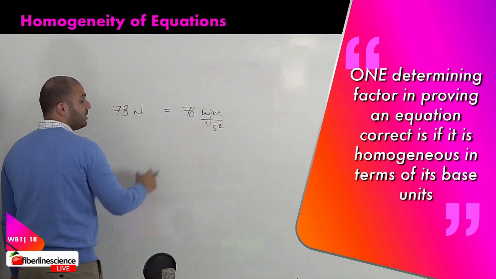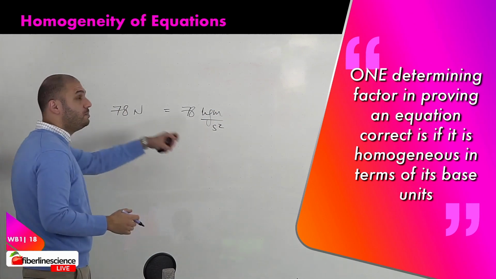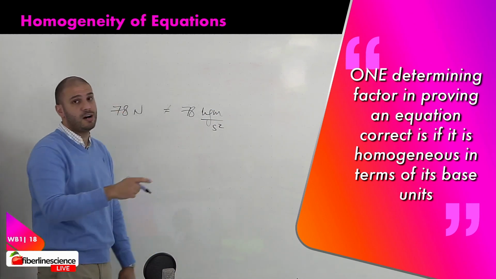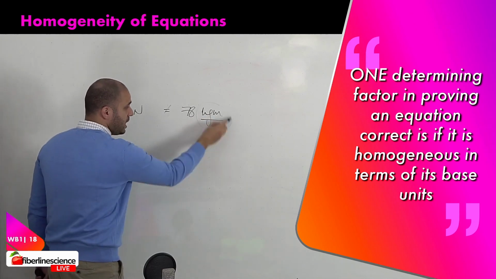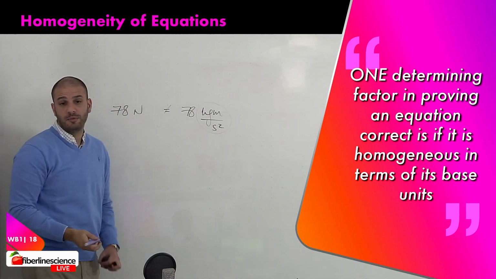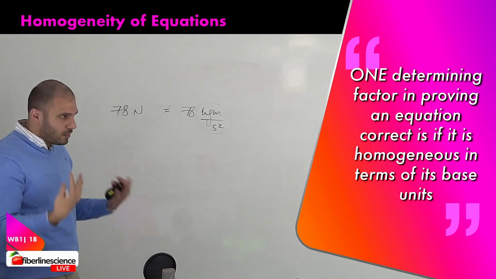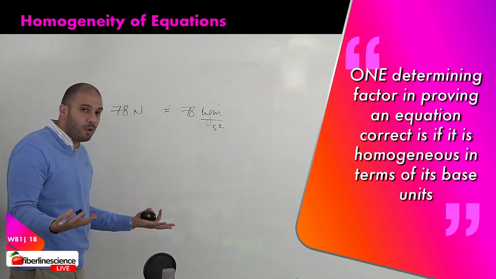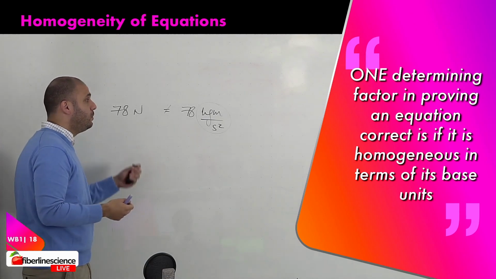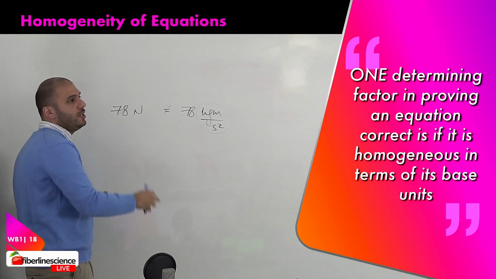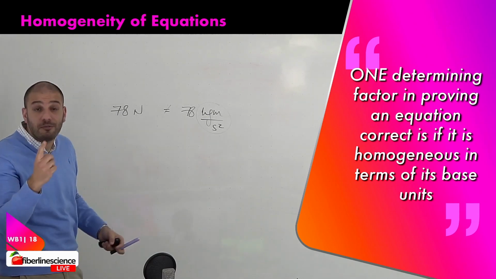Just by looking at that, you'd say, oh, that doesn't match. But in fact they are equal, because this is the newton given in terms of base units. So many times, as far as defining properties of a correct equation, we're going to say, have both in terms of their base units, because then they will always match up if the equation is correct.